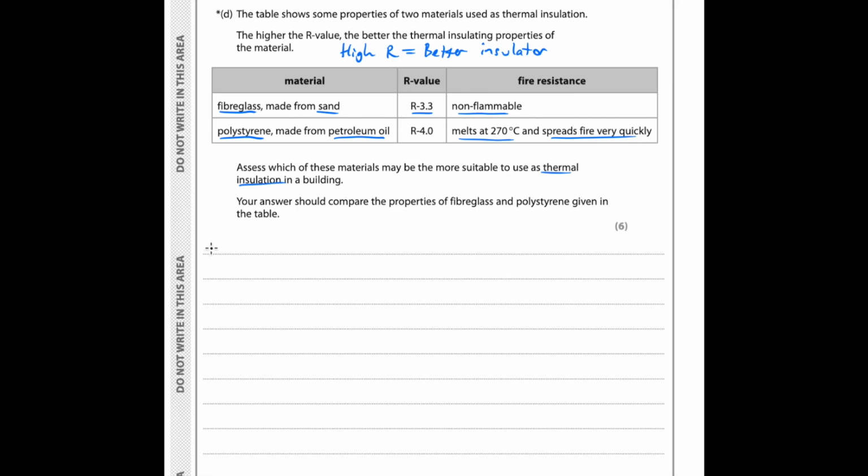Right, let's start by talking about fiberglass. So it's got a lower R value. Right, so what does that mean? It means it's going to be a worse insulator. So what you should be doing is looking at the value, but you should also be putting an interpretation on it to say what that means. Now, fiberglass has got dangerous particles that you can breathe in.